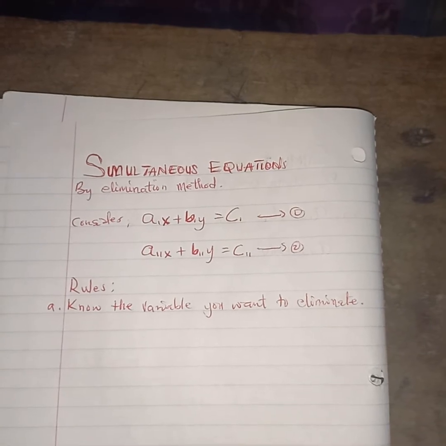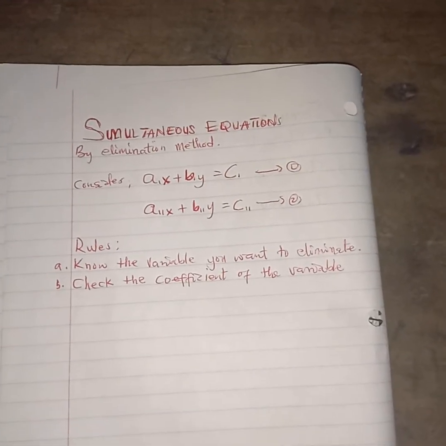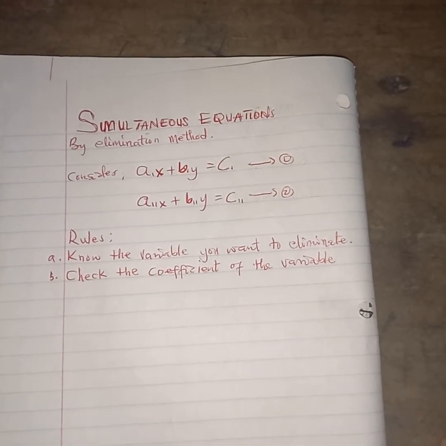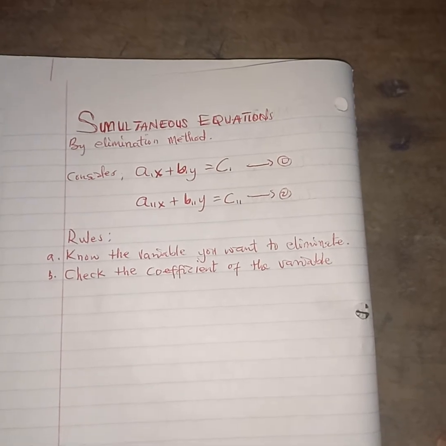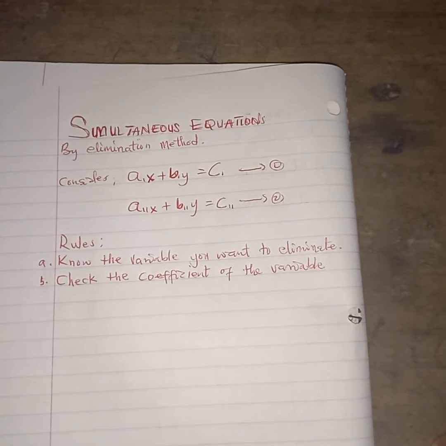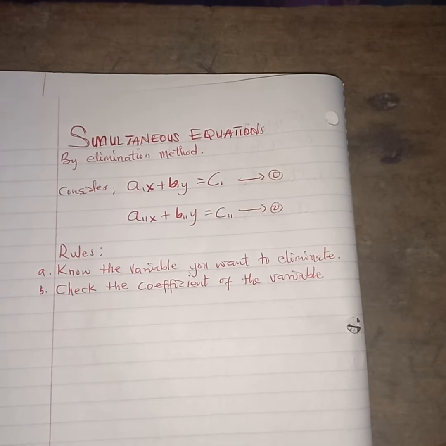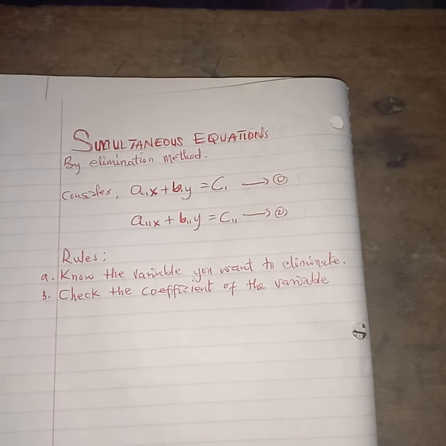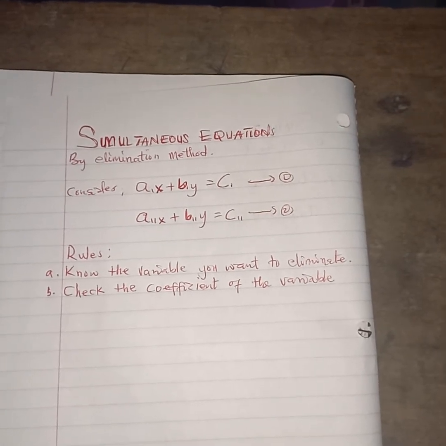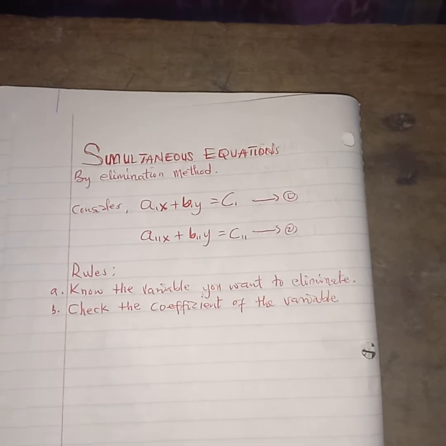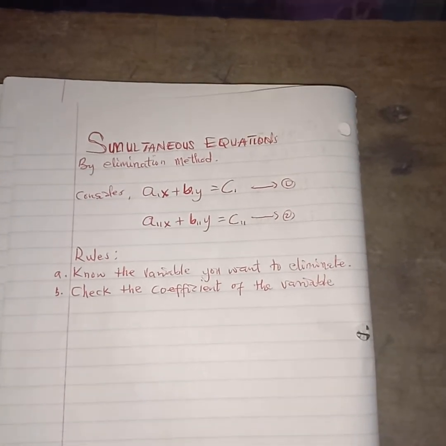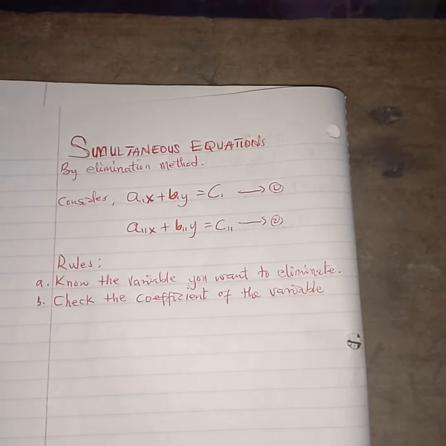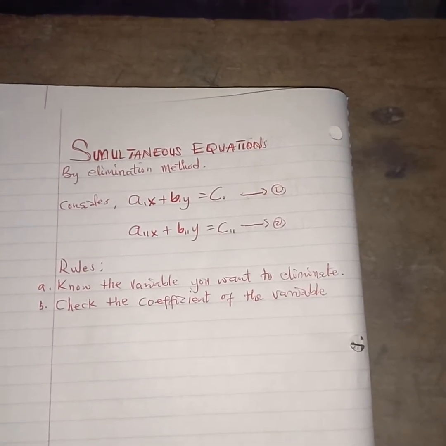Now let's look at the second one. The next thing is check the coefficient of the variable. Is it 1? Is it 2? Is it 3? If the coefficient of the variable is 1 in both equations, in equation 1 and in equation 2, then you are good to go.